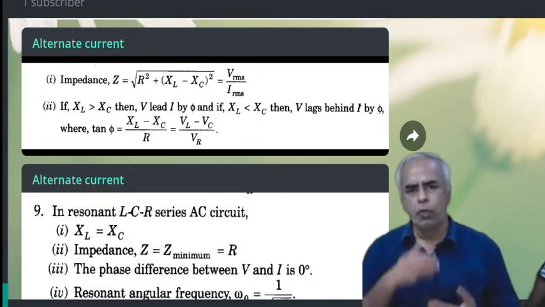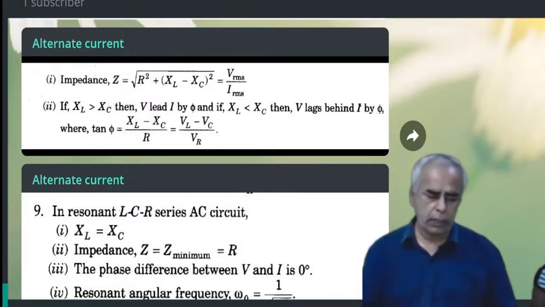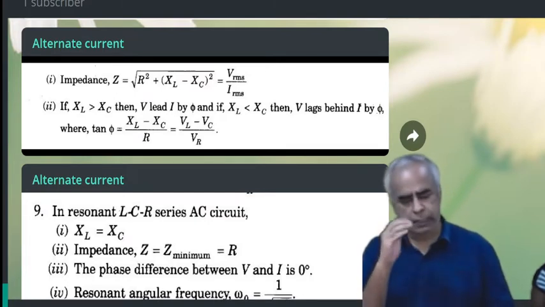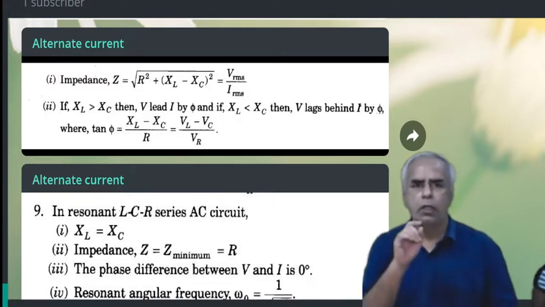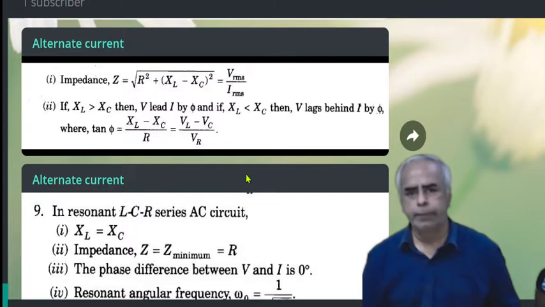Now when XL exceeds XC, what is XL? Inductive reactance. When inductive reactance is greater than the capacitive reactance, then what will happen? V leads I by phi.